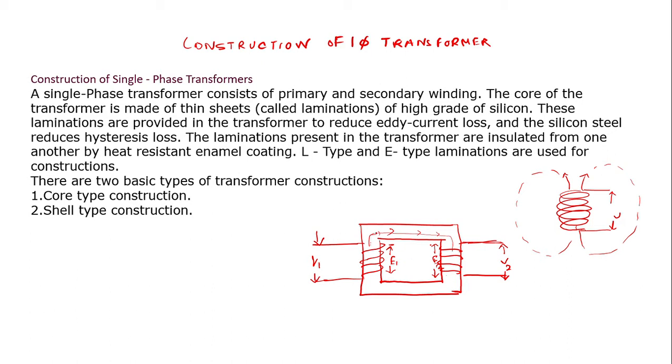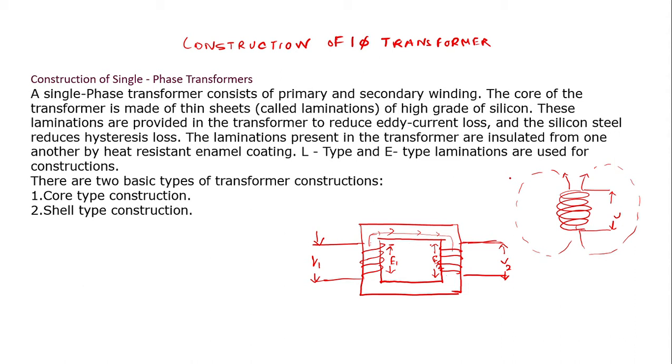These are not a solid sheet, these are a cluster of sheets, which are also called laminations. These laminations are made out of high grade silicons, which provide lamination to the core sheets.